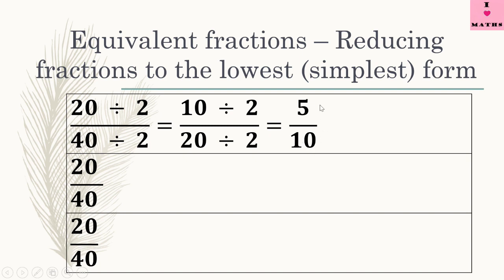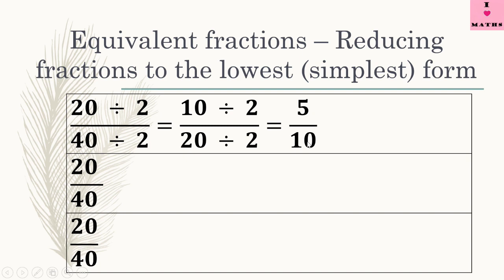Okay. So this is simpler. This fraction is simpler than this fraction? Yes or no? This is 10 upon 20 and this is 5 upon 10. But now let us again see whether there is any number in whose table 5 also comes and 10 also comes.